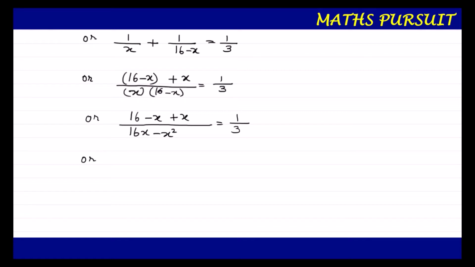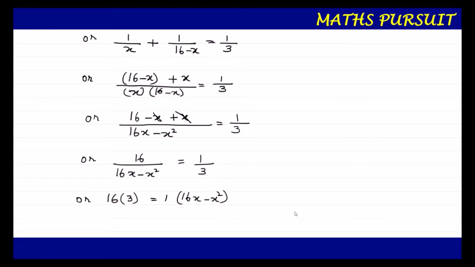Or you could see that here it is minus x and plus x, it cancels out, and I am left with 16 upon 16x minus x to the power 2 is equal to 1 upon 3. Or I can write now, doing a cross multiplication, you will see what we'll get now. 16 into 3 is equal to 1 into 16x minus x to the power 2.